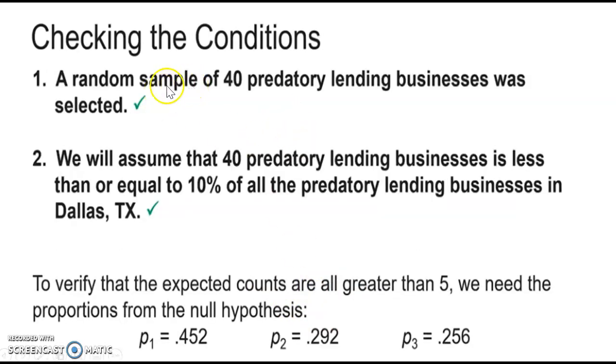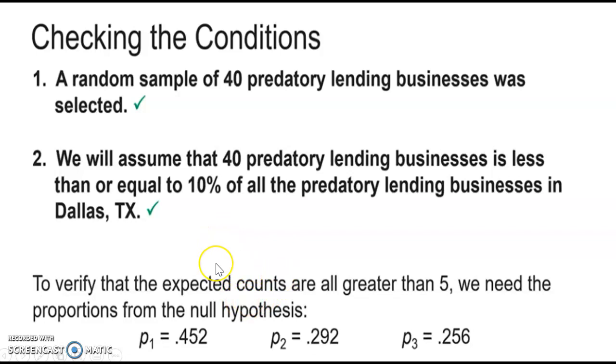So if we look at this problem, we know it comes from a random sample of 40 predatory lending businesses because it says that in the problem. We can definitely assume that 40 predatory lending businesses is less than or equal to 10% of the total amount of businesses in Dallas, Texas.